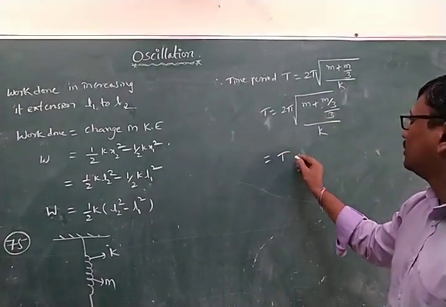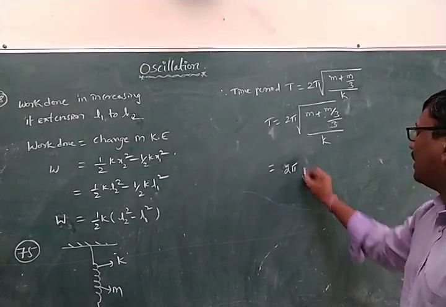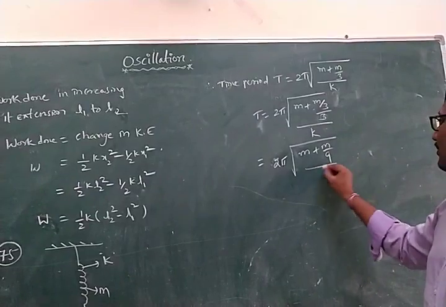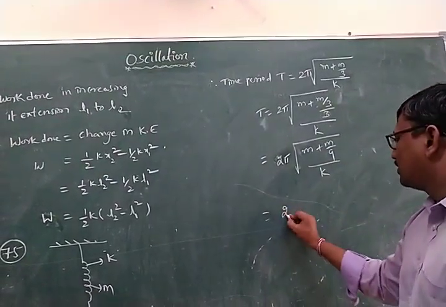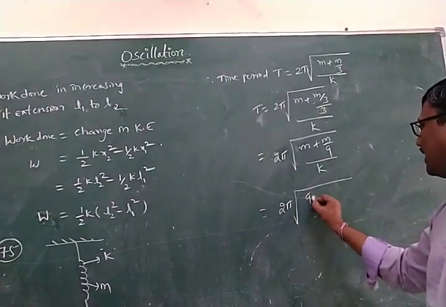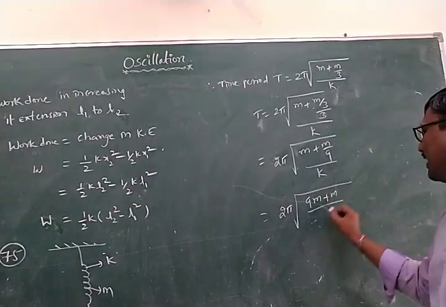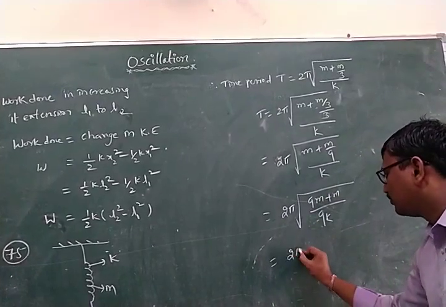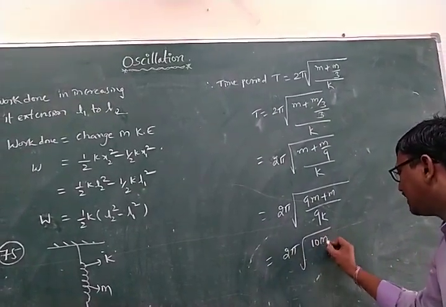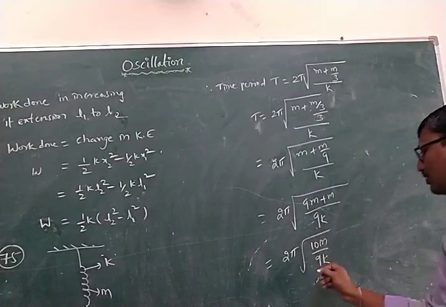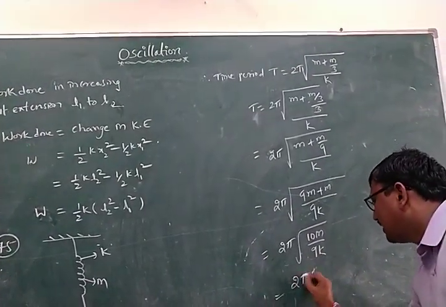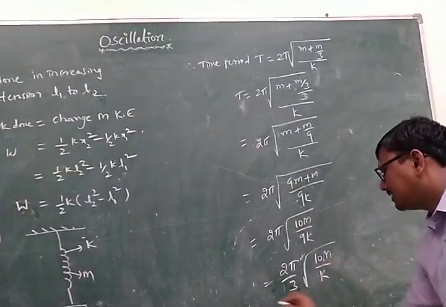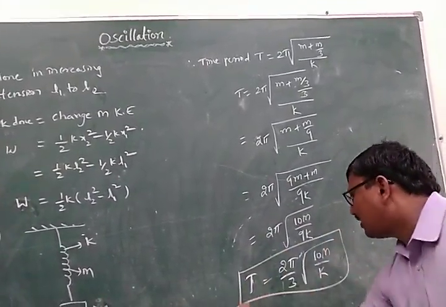That is equal to 2π under root of m plus m by 9, 3 into 3 is 9, by k. Take the LCM: 2π into under root of 9m plus m by 9 into k, that is equal to 10m by k. So 2π into under root of 10m by 9k. The root of 9 we can write as 3, so 2π by 3 under root of 10m by k. This is the time period of the weight.